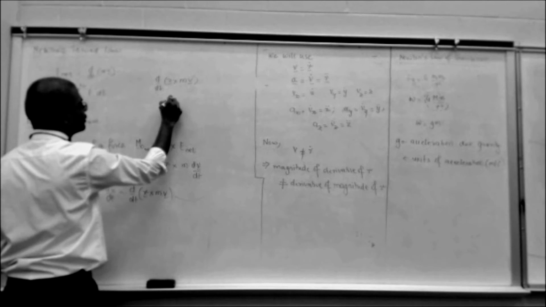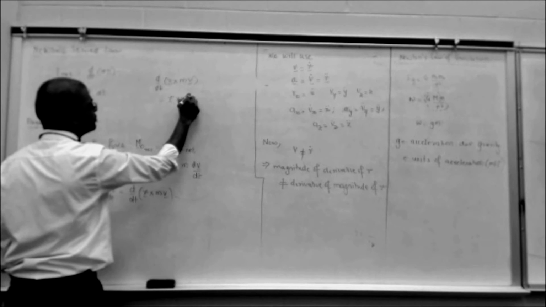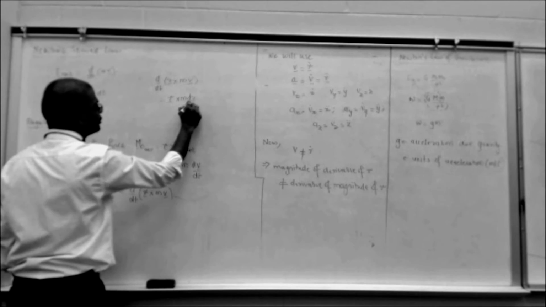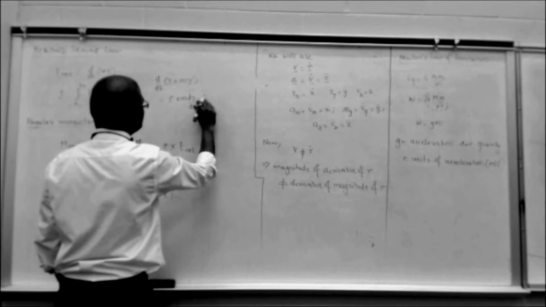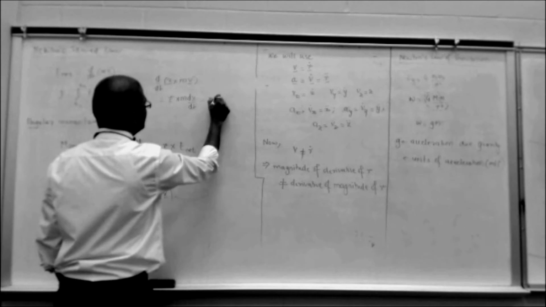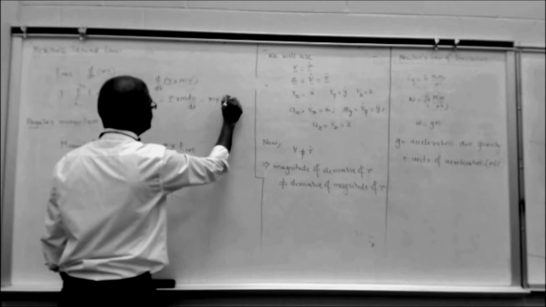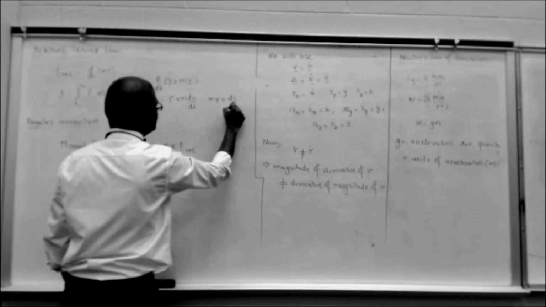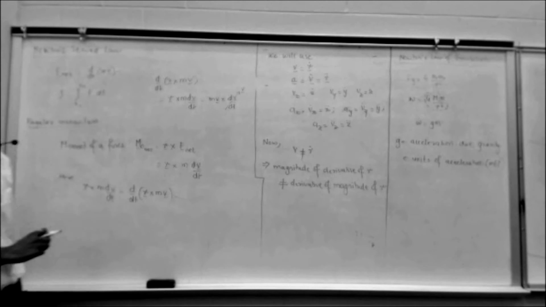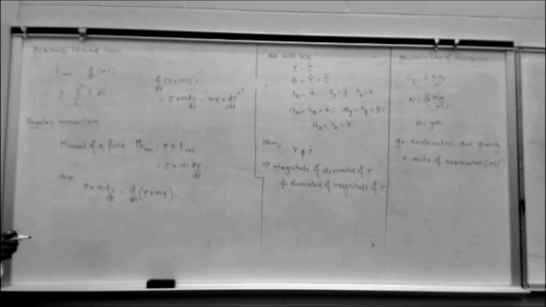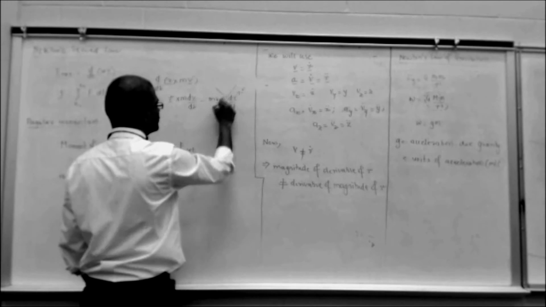You have R crossed with m dv over dt plus mv crossed with dr over dt, which is, this is v, right? And what is the vector crossed with itself? It's 0.